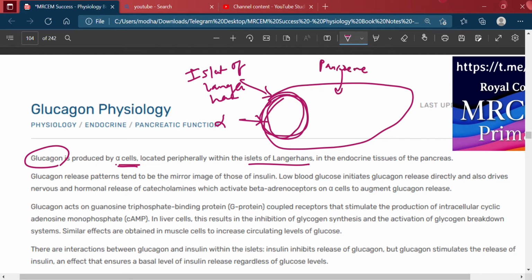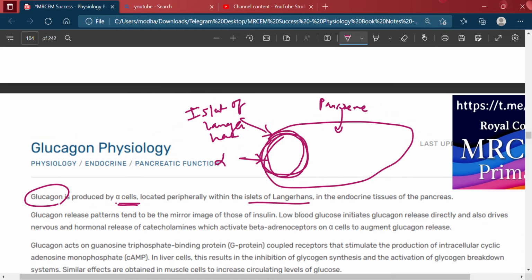So these alpha cells are located peripherally in the islets of Langerhans in the endocrine tissue of the pancreas.